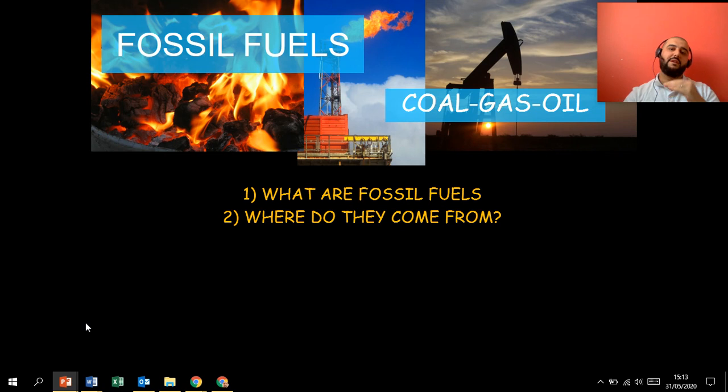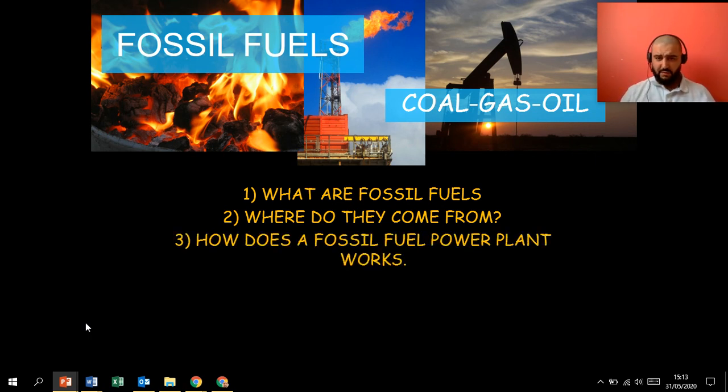Organic matter gets buried, and through a chemical transition changes into this viscous thick liquid, which we call crude oil. Coal and gas are obviously derivatives of the same process.